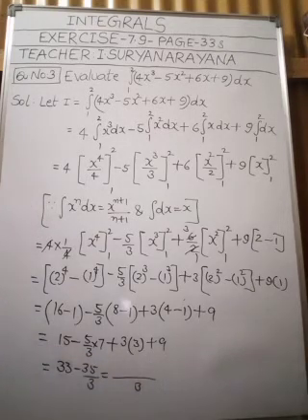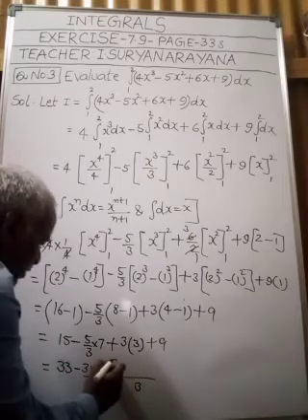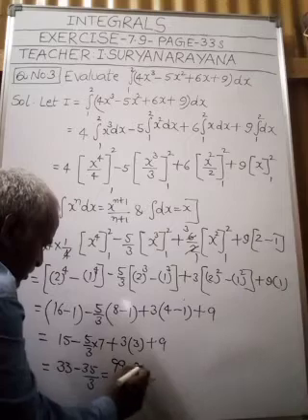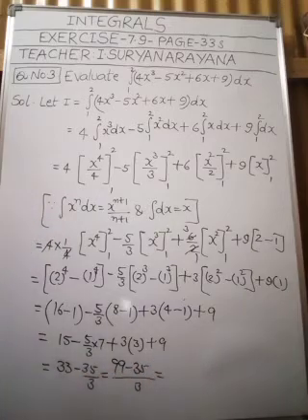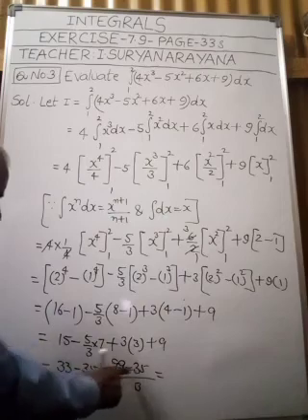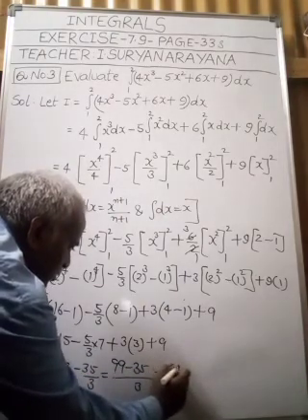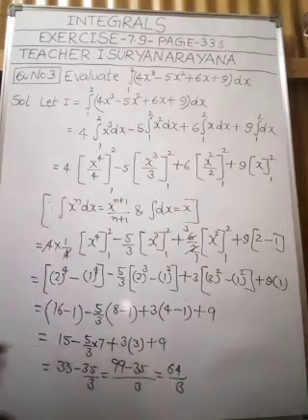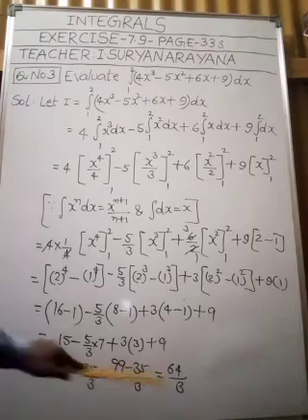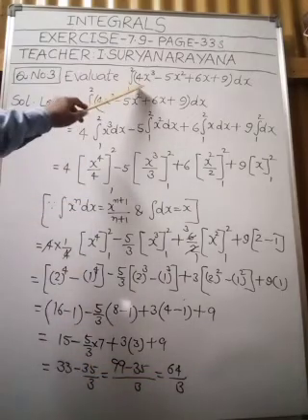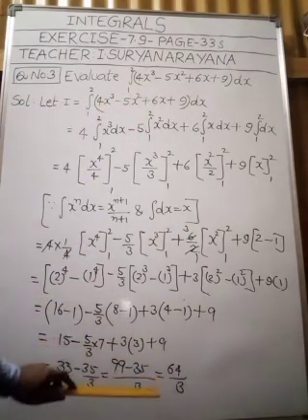LCM is 3. 33 3s is 99 minus 35. What is the value of 99 minus 35? 64. 64 by 3. This is the definite integral of the given function.